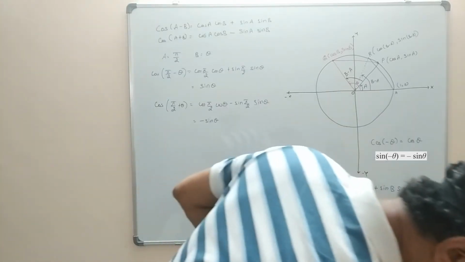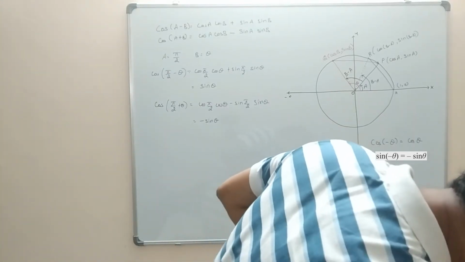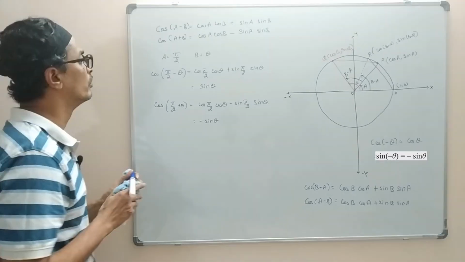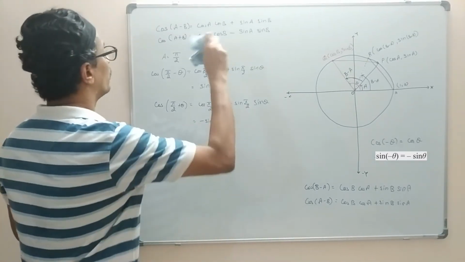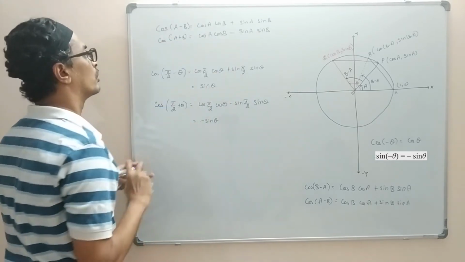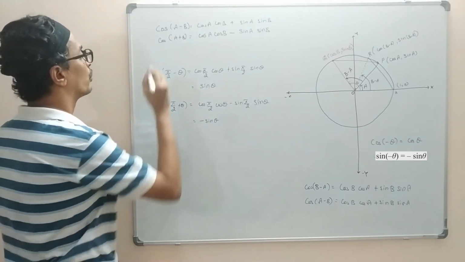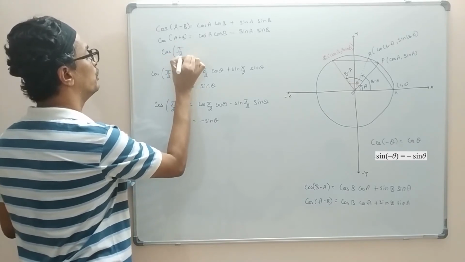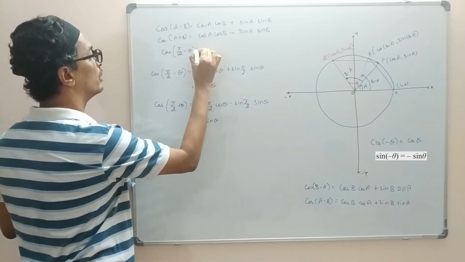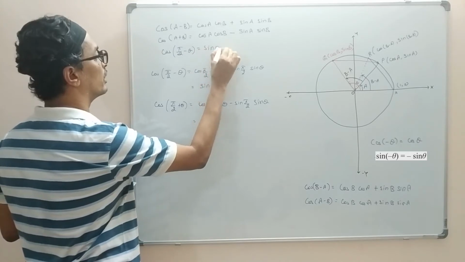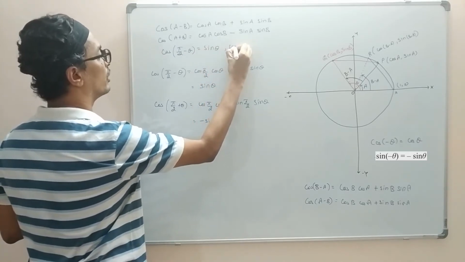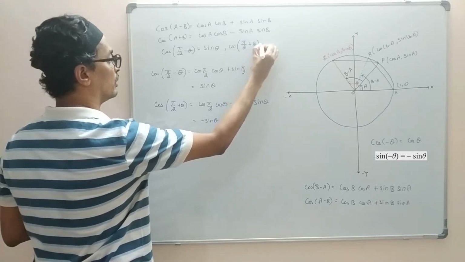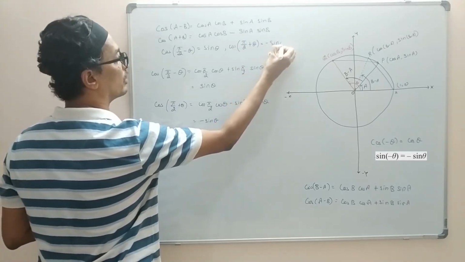So let us write down these equations. Cos(pi by 2 minus theta) equals sin theta, and cos(pi by 2 plus theta) equals minus sin theta.